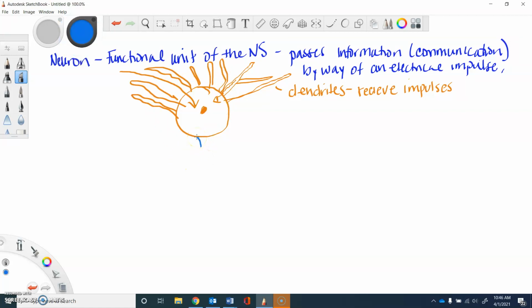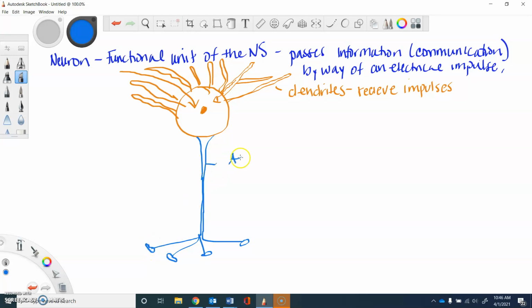axon. So the axon comes off here, down, and it will branch into little terminals. Draw that out there.